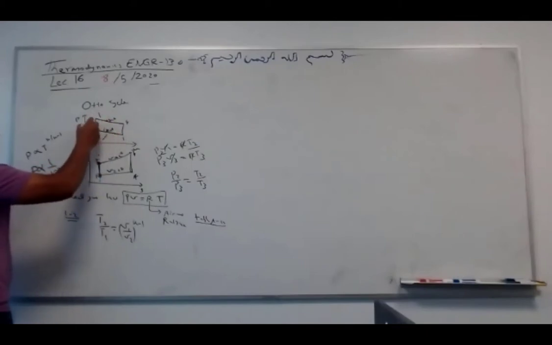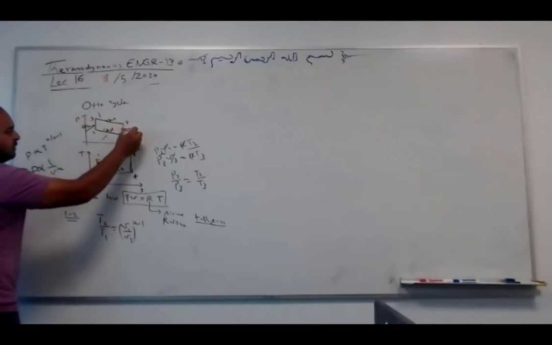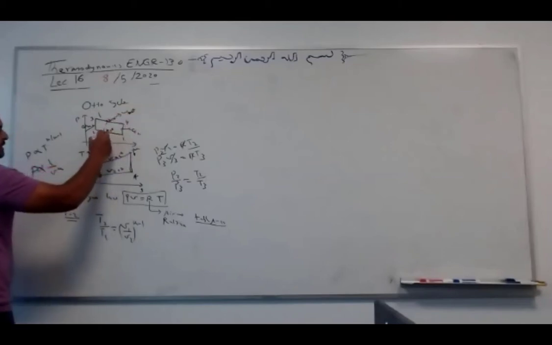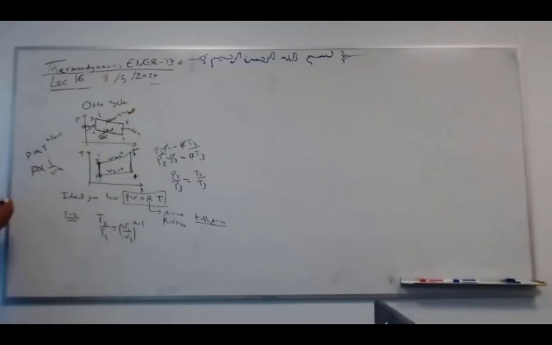This is Q high, this is Q low, and this is work done. Net, actually this is out, and this is in. Subtraction gives you the net work. Okay guys, any question?